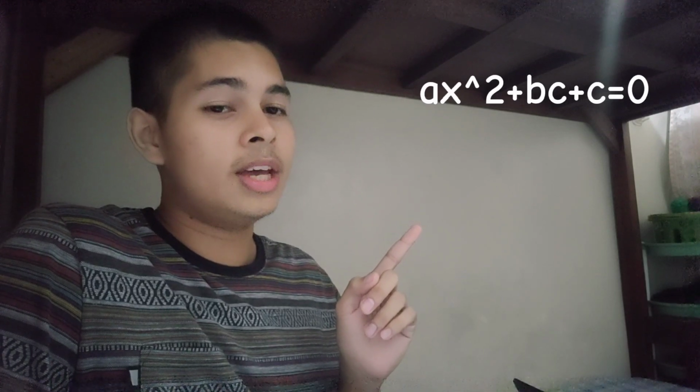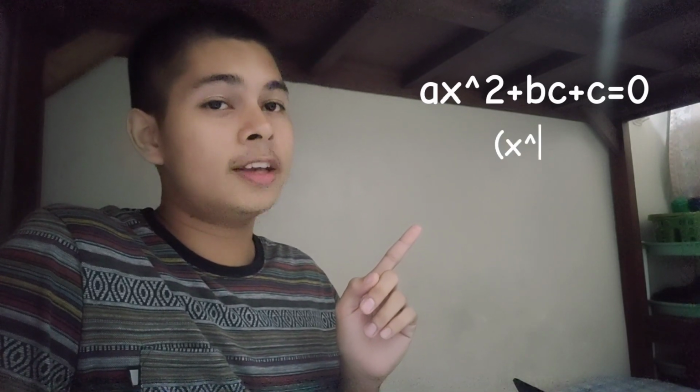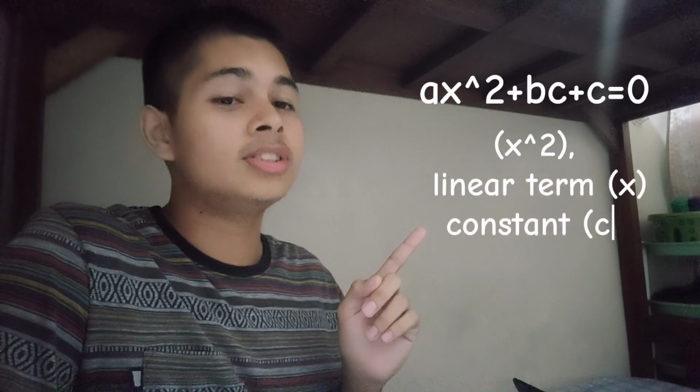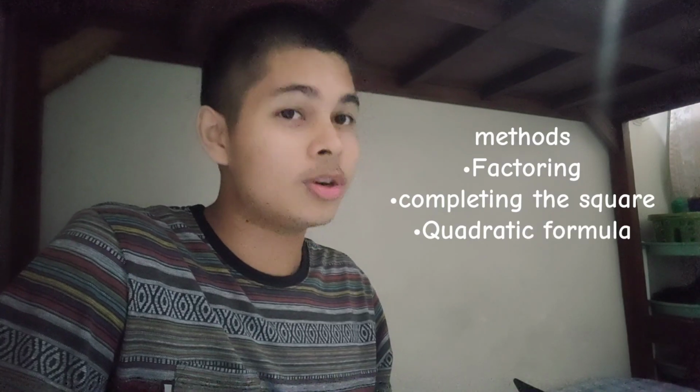Now let's talk about a quadratic equation. A quadratic equation is a second degree polynomial equation, typically written as ax raised to 2 plus bx plus c equals 0. It contains a squared term x raised to 2, a linear term x, and a constant term c. To solve a quadratic equation, you can use methods like factoring, completing the square, or the quadratic formula.